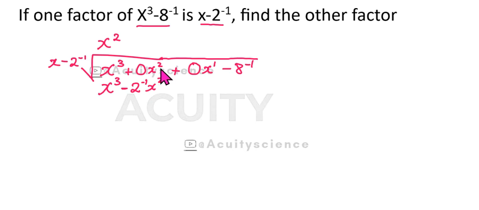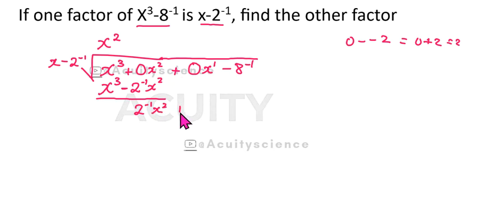Now because we have this here, we can work. We subtract. X raised to power 3 minus x raised to power 3 is 0. Now 0 minus minus 2 is like 0 plus 2, which is 2. So this is 2 raised to power minus 1 x raised to power 2.